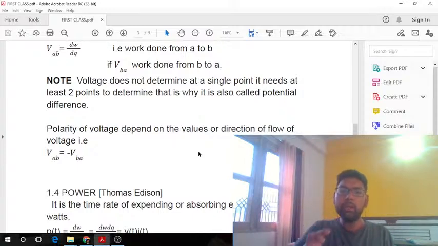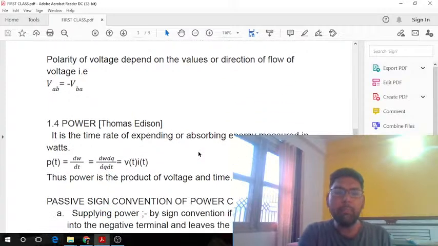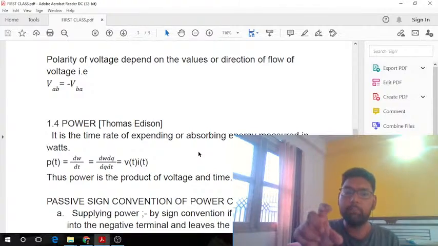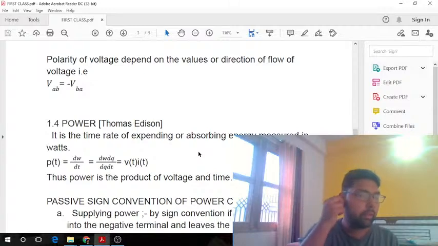Now we are going to take the next topic, power. It is the time rate of expending or absorbing energy, measured in watts. That is, power P is equal to W by T, the ratio of work done and the time period.